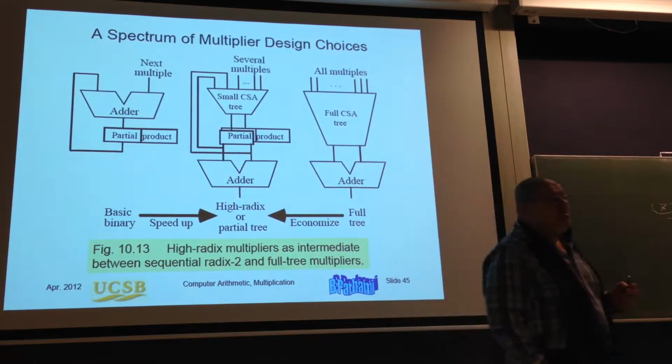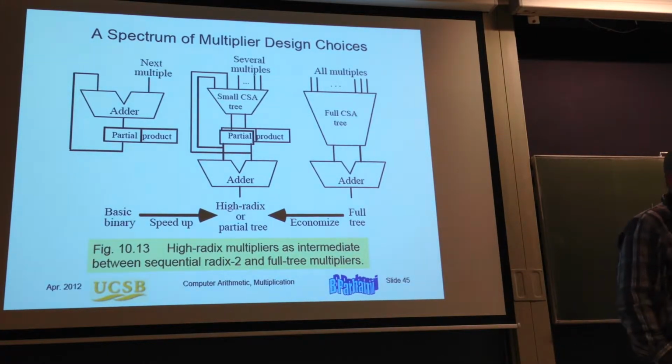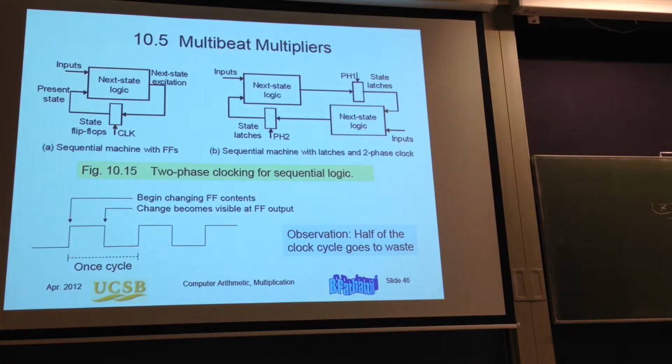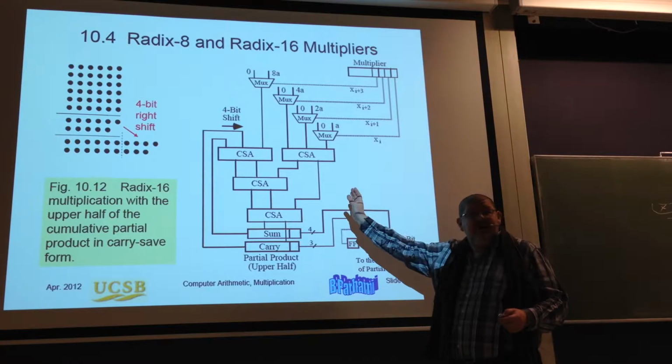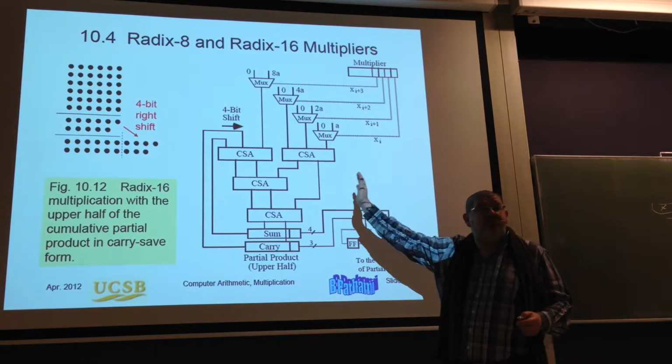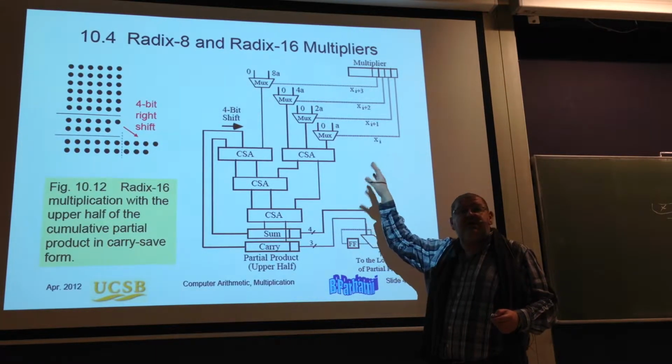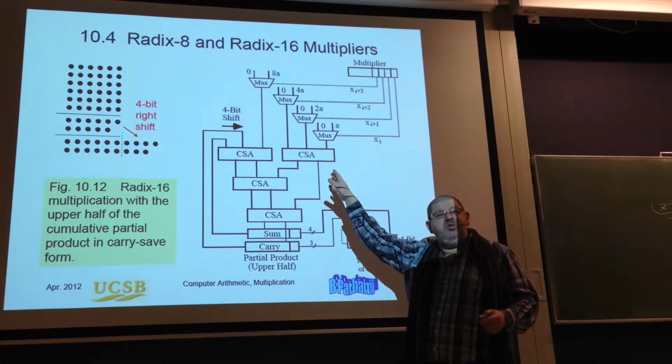Now the difference between smaller tree and high radix is blurred. Because essentially what we saw, in here, this is a tree, okay? When the radix is kind of small, I can think that this is a high radix multiplier.